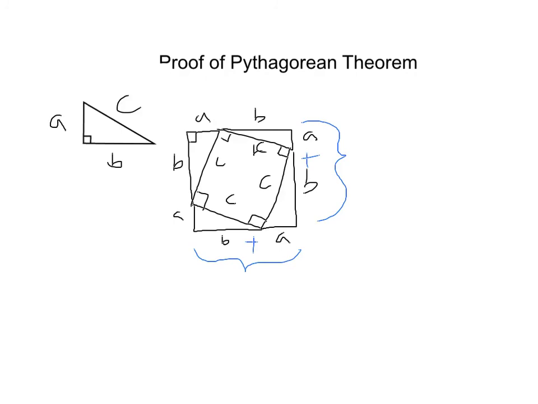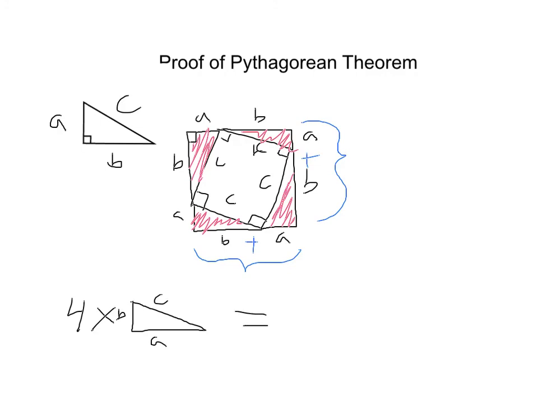Okay? And what we're going to try and do is figure out the area of this shaded region in two different ways. Okay? So one way we can find that out is we can say, okay, well, the area of the red shaded region is 4 times the area of the triangle, right, this A, B, C, okay?